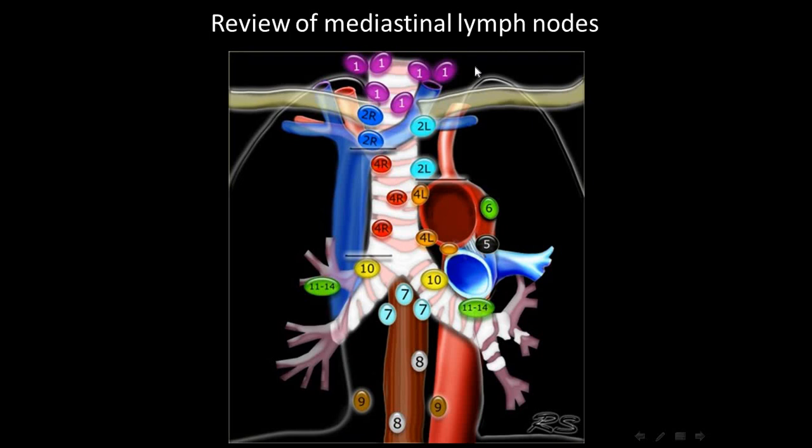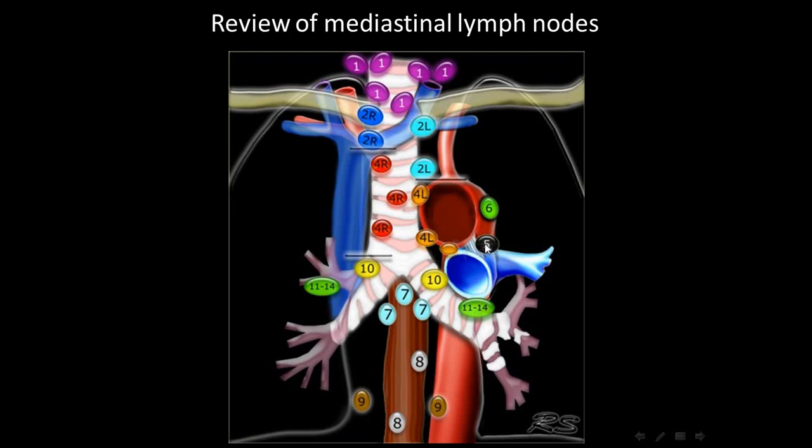So here let's review what we have learned about the mediastinal lymph nodes. The first are the supraclavicular, right? They are divided into left and right. Then two, the upper paratracheal, divided into left and right. And three are the prevascular, they are not seen here. Then four, the lower paratracheal, left and right.